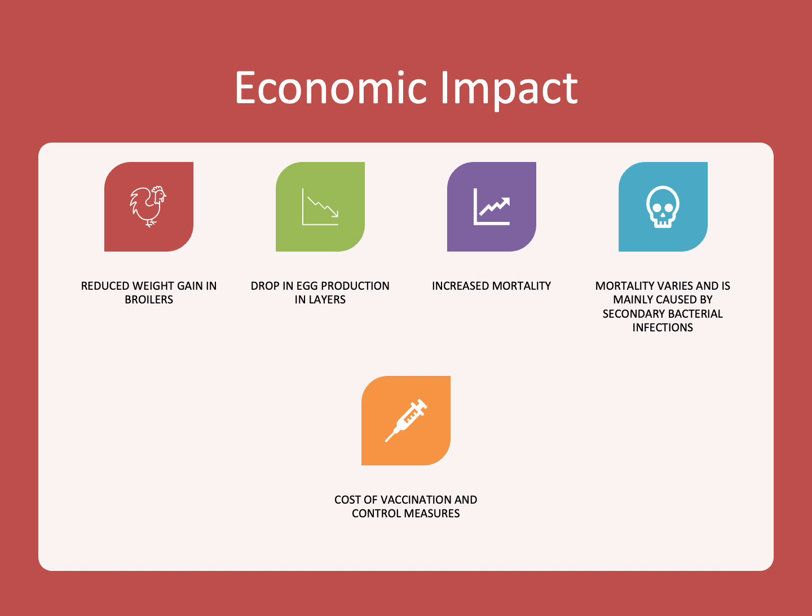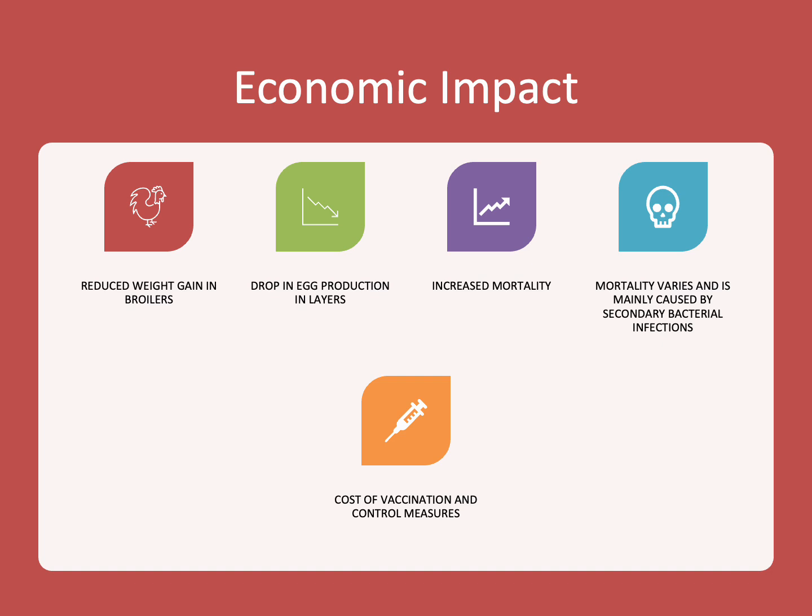In layers, on the other hand, there is going to be a drastic drop in egg production. We've seen why that's possible, because the virus has the ability to migrate to the follicles, the ovaries, where it can cause degeneration and flaccidity or distortion of egg shape and quality.